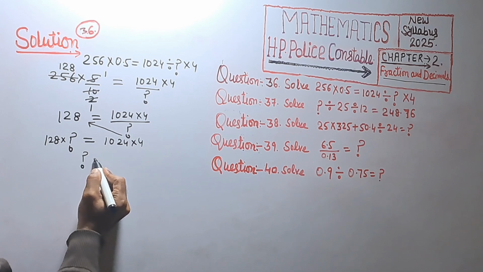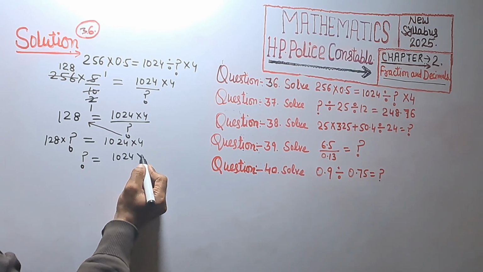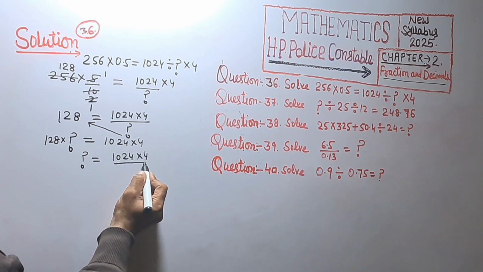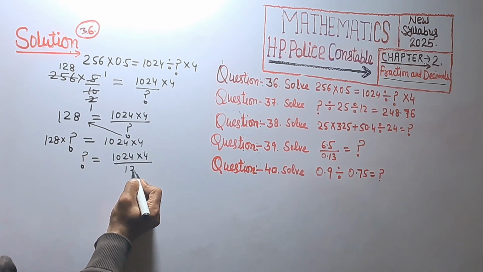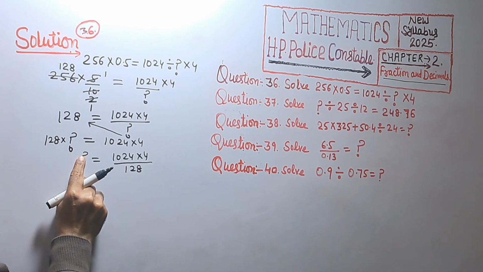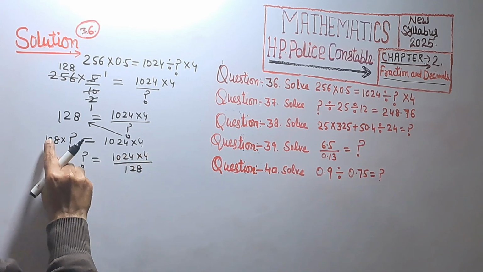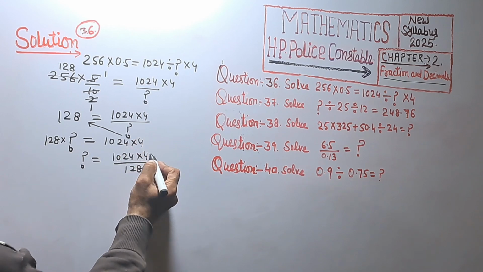So sign of interrogation equal to 1024 multiplied by 4 and divided by 128. Sign of interrogation equal to 1024 into 4 divided by 128.